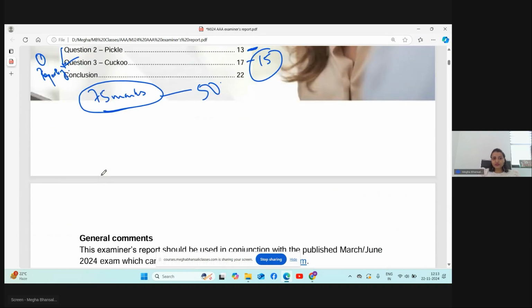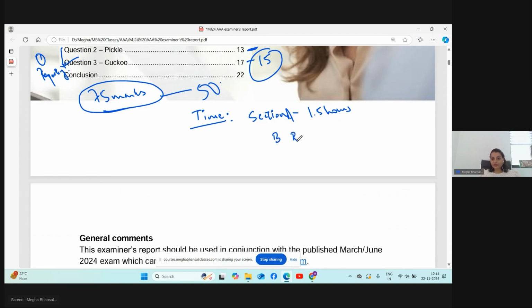Now, if I have to talk about time management, you can spend a good 1.5 hours on your section A. Take enough time, read the question well, write it well. This should be your star question. It's a standard question that comes every time, and honestly, there are not a lot of complications in it.